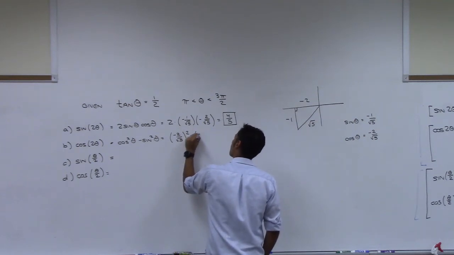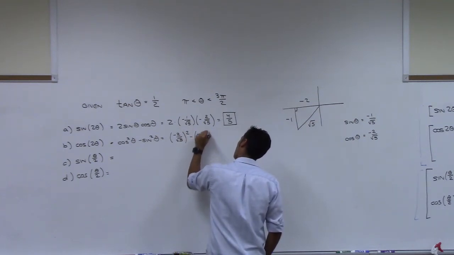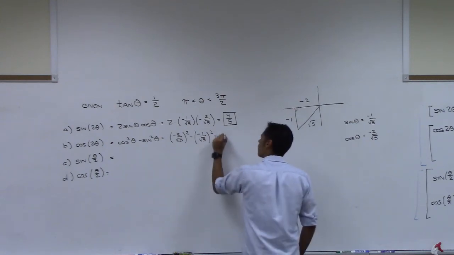And you put in the negative 2 over root 5. Oh, idiot.